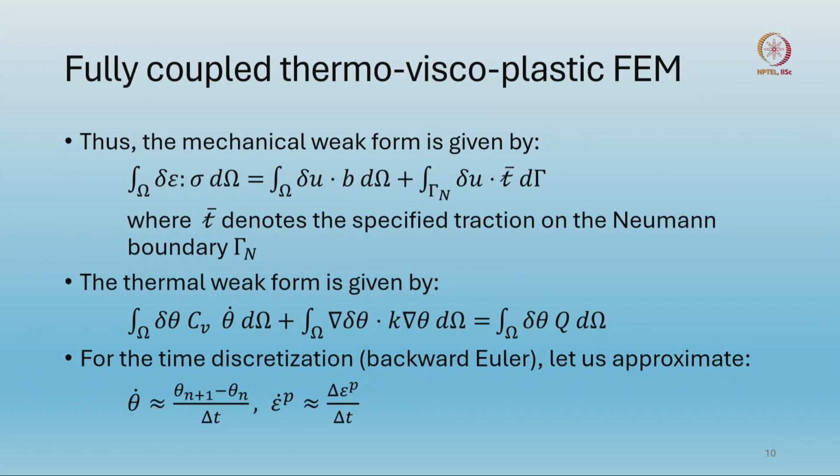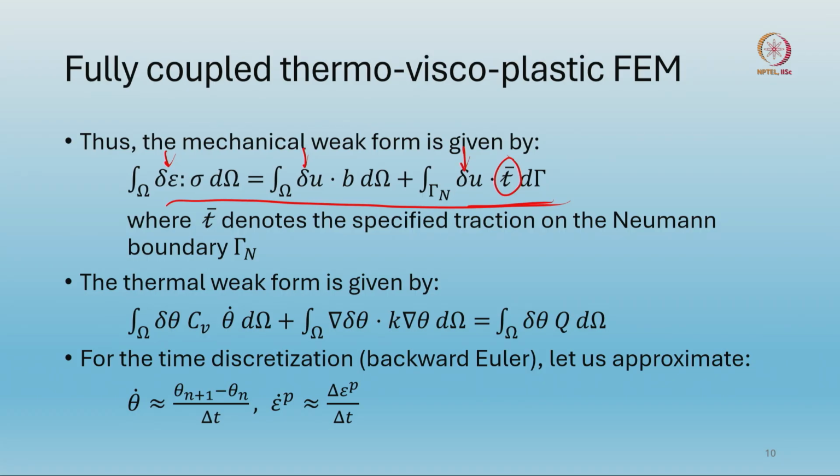So, for the mechanical weak form we have this. The delta epsilon comes in because of the variation delta u. These are all virtual variations. This is the Neumann boundary condition term, and this t bar is the applied traction on the Neumann part of the boundary of the body.